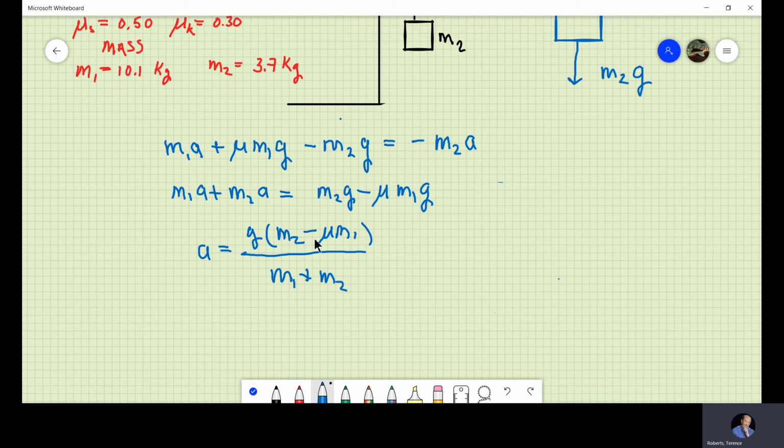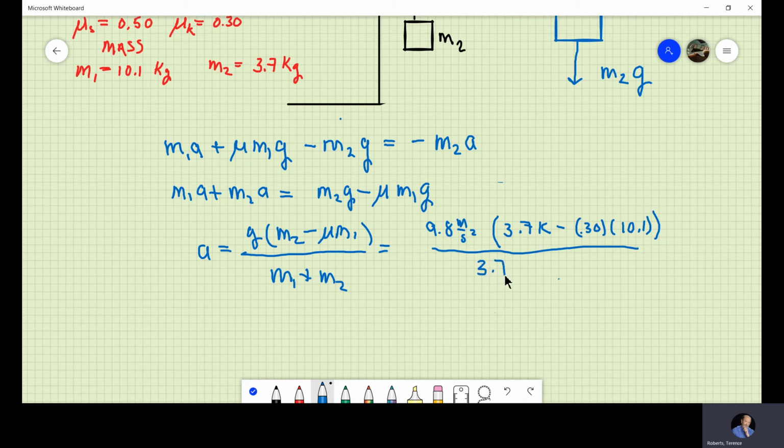So now we just need to plug in these values. Let's do that. 9.8 meters per second squared. M2 is 3.7 kilograms minus 0.30, that is mu there. And we have mass 1 is 10.1, all divided by 3.7 plus 10.1 kilograms.